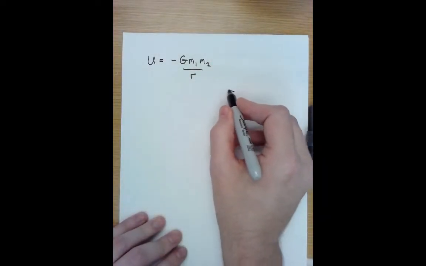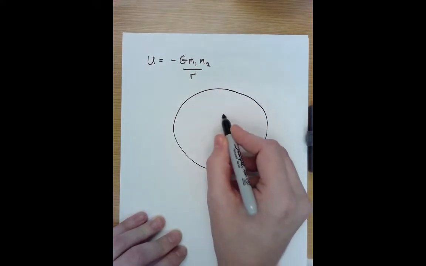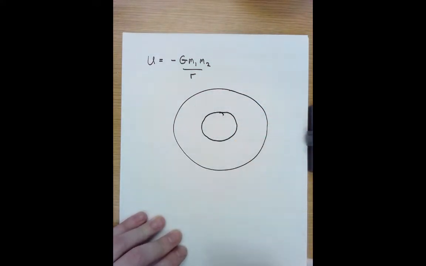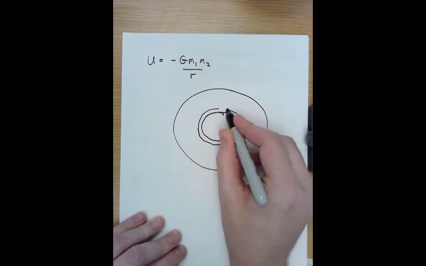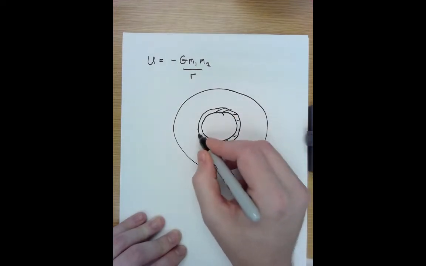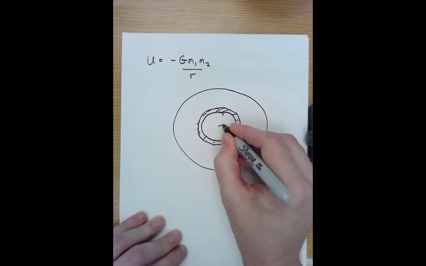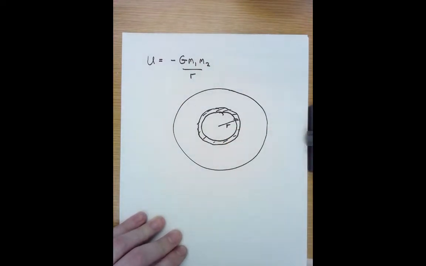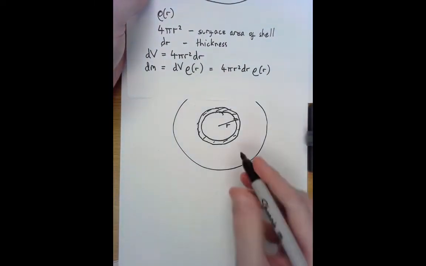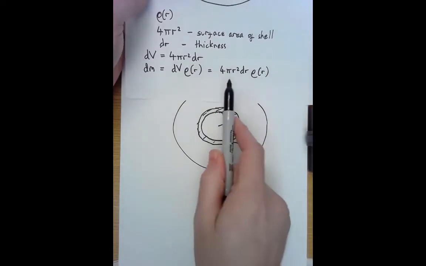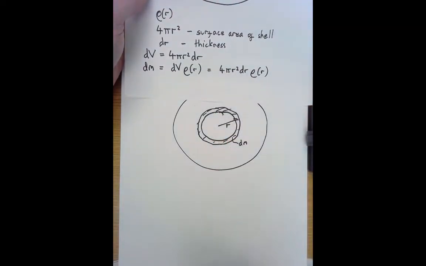Okay. So let us suppose that we have built up our star to a certain amount, and we've added one extra shell of matter on top of it. We are at a radial coordinate little r, and we have derived in the previous lecture that the mass dm of this shell is given by 4 pi r squared dr times the density at that point.